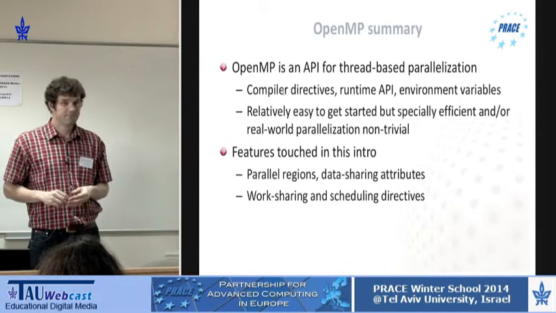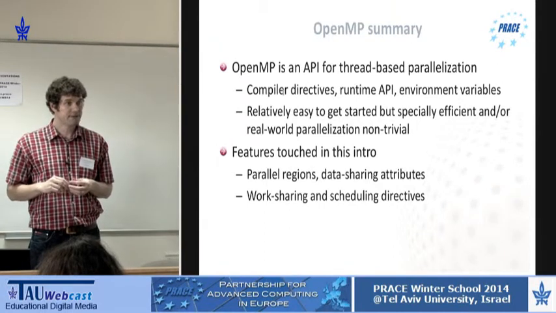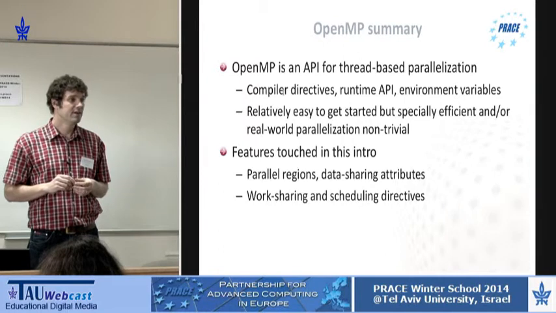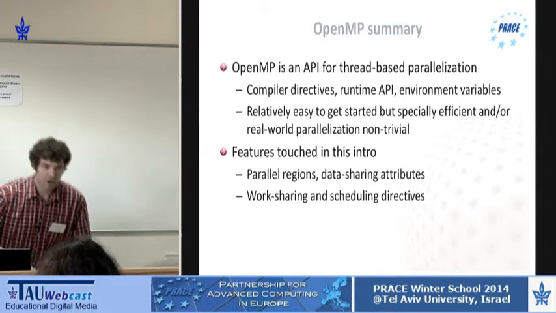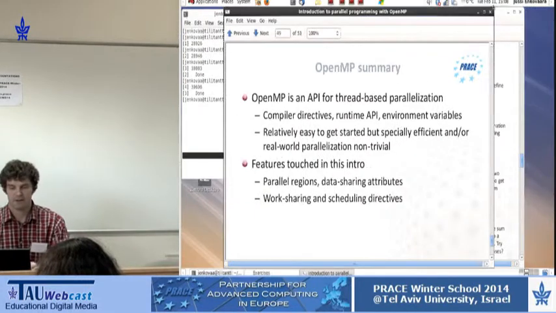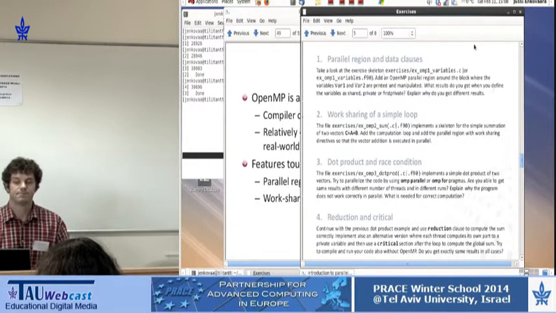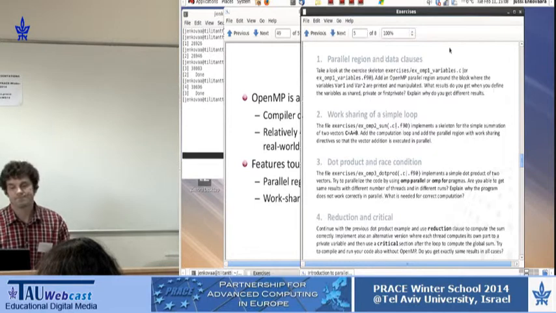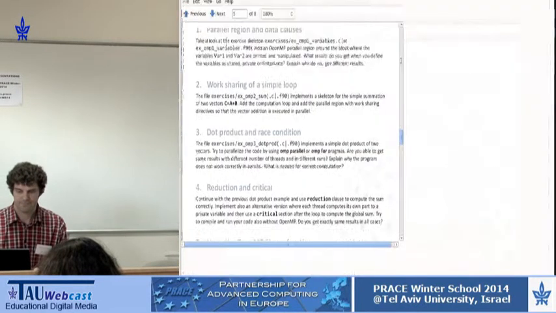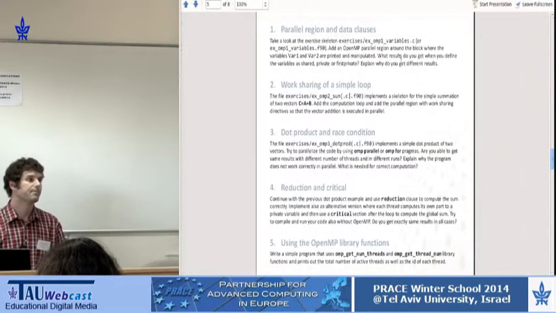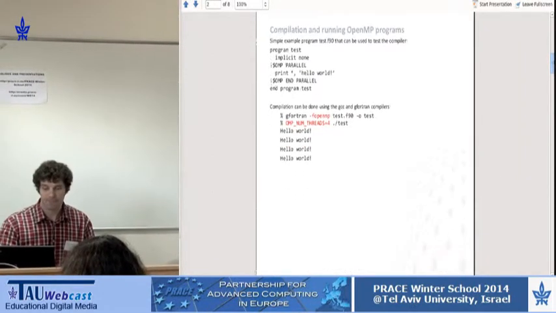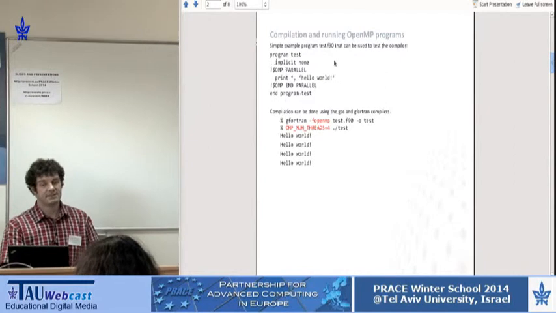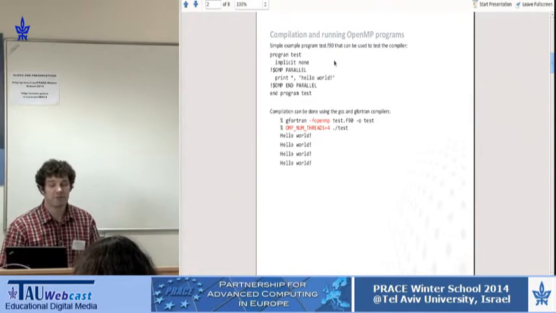Okay. If there are no more questions, I think it's once again time to get your hands dirty, this time with OpenMP, and try to do some exercises on some very simple OpenMP usage. And I think if you are doing the exercise on Euclid, these instructions on how to compile and run OpenMP programs should apply mostly also in that case.